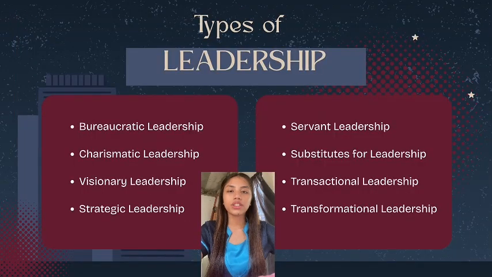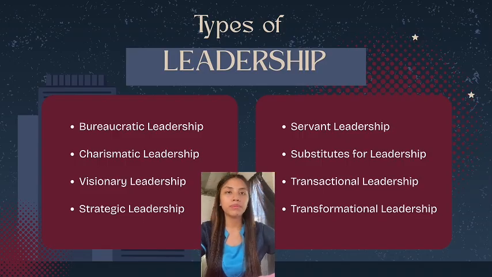The types of leadership. Bureaucratic leadership is leadership that follows strict rules and standard accuracy, and is used in dangerous work environments where specific procedures are important. Next, charismatic leadership relies on a personality that inspires and influences people.